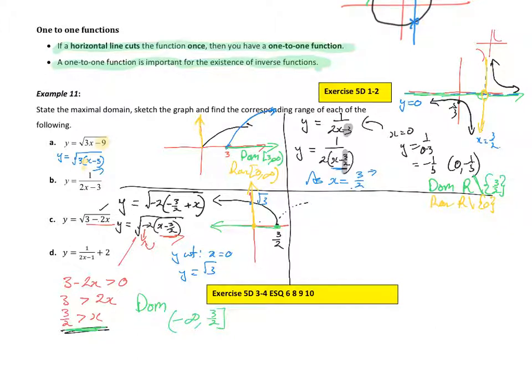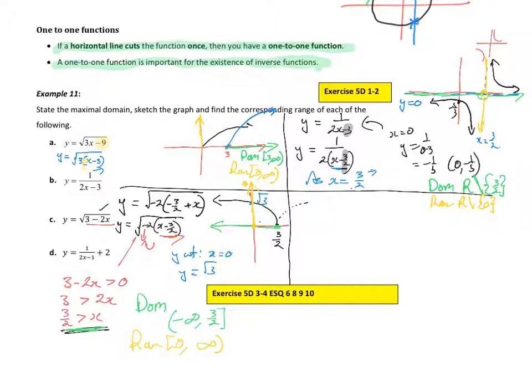So the lowest y value is 0. The highest y value is positive root 3. Oh, my bad. It's positive infinity. I nearly made a mistake here. Let's get rid of that. Now it's positive infinity because the graph continues upwards, doesn't it? It goes all the way up here.